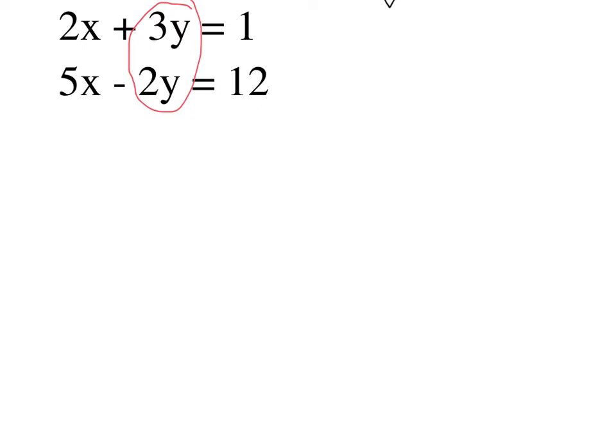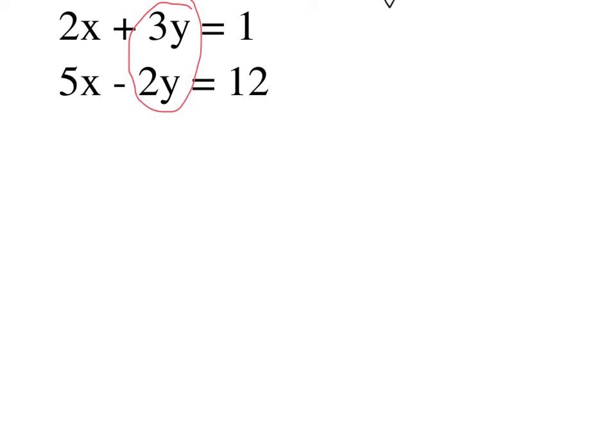You can get rid of the x's. You will get the same answer. So let's just go with the y's for the time being. So we have plus 3y and minus 2y. We want them to have the same coefficients, except we want them to be opposites.